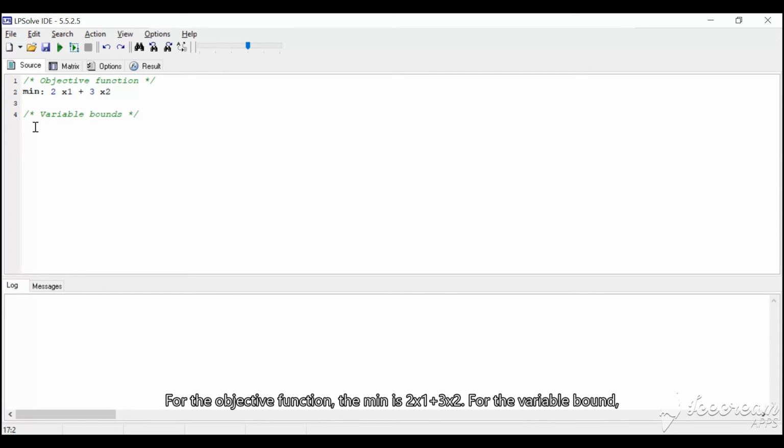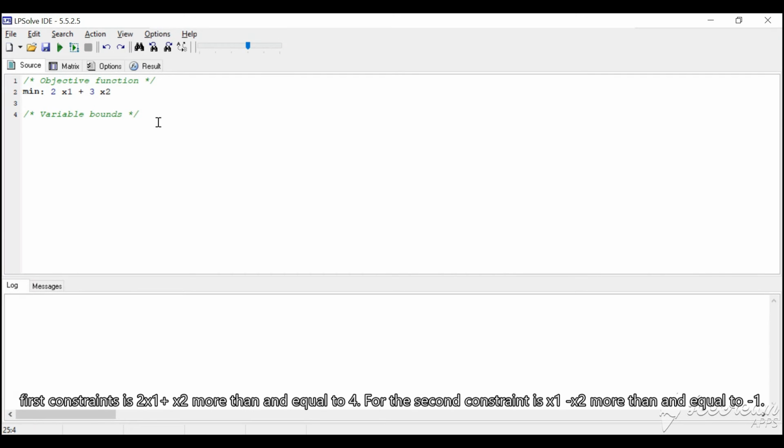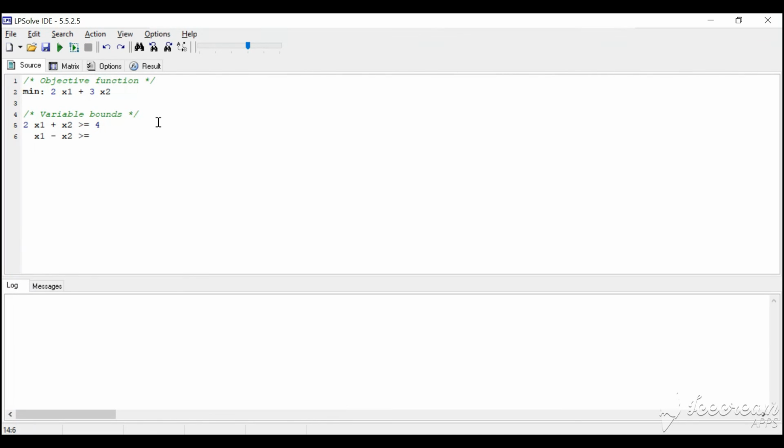For the constraints, the first constraint is 2x1 plus x2 more than or equal to 4. The second constraint is x1 minus x2 more than or equal to negative 1.